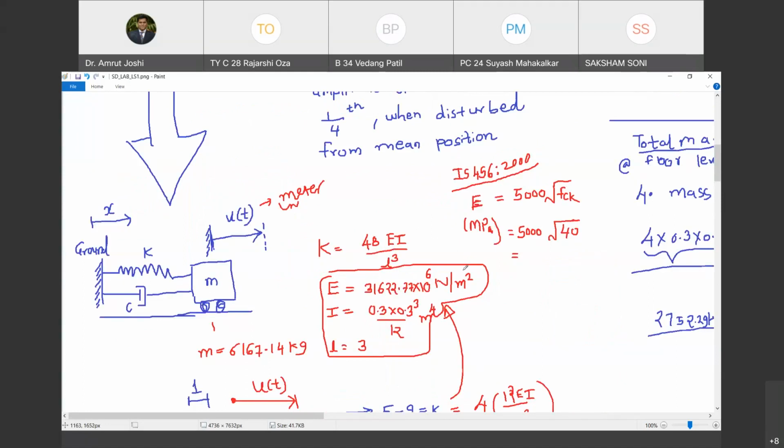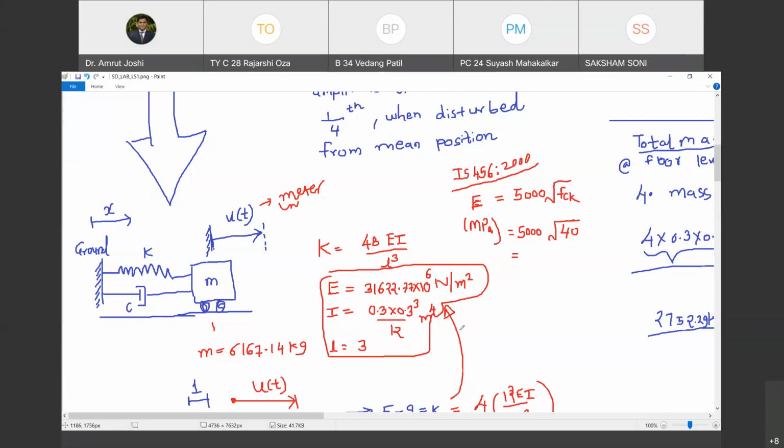This multiplied by 0.3 into 0.3 cube, then divided by 12. ये हो गया I, and this divided by 3 cube.